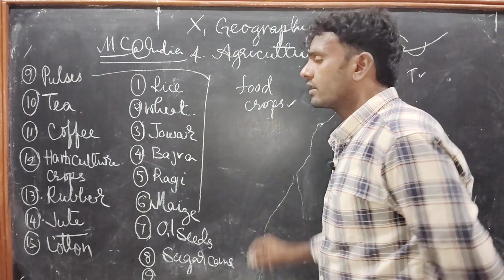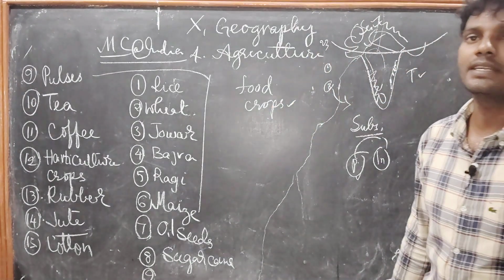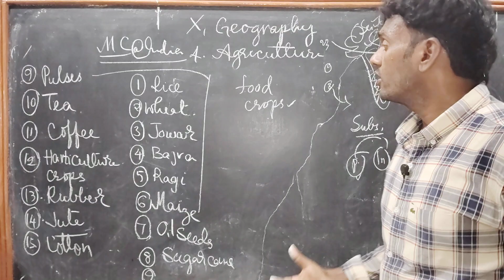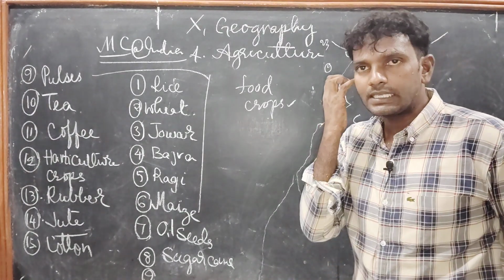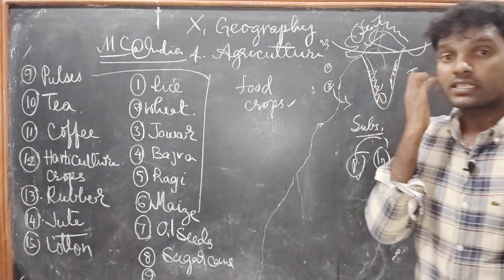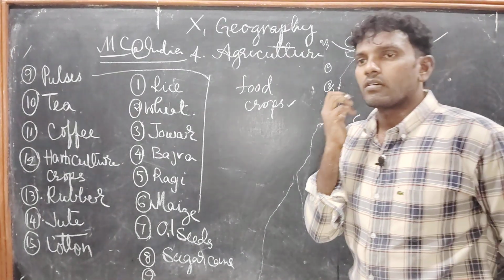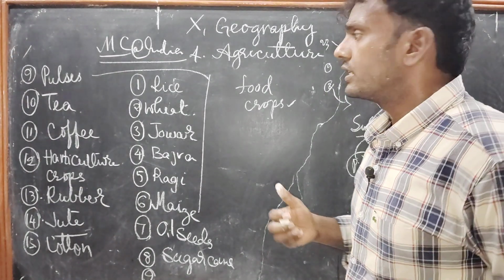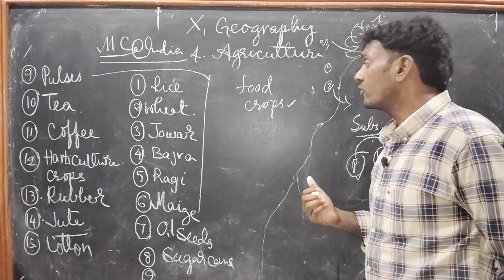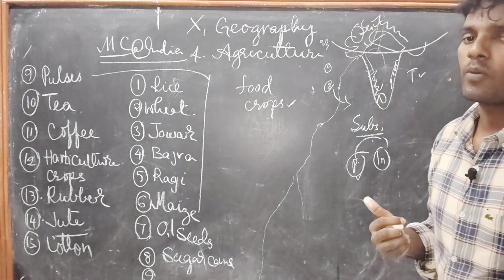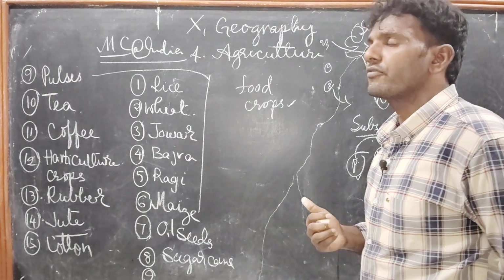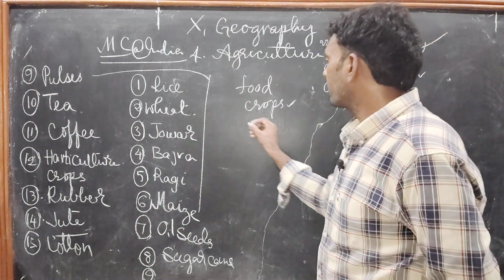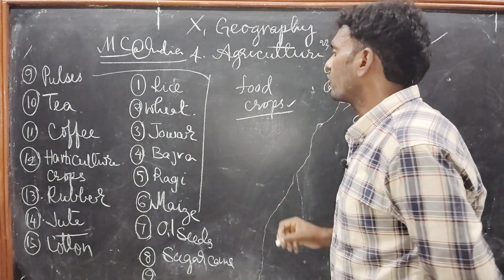India is cultivating mainly food crops. Why? Because, as we already discussed while discussing the development of agriculture in India, we need food to satisfy the growing population. We have nearly 144 crore population, and we need to satisfy that. That's why we are focusing on food crops.